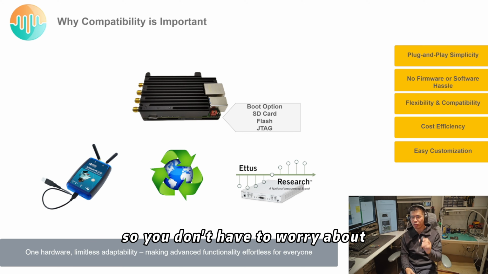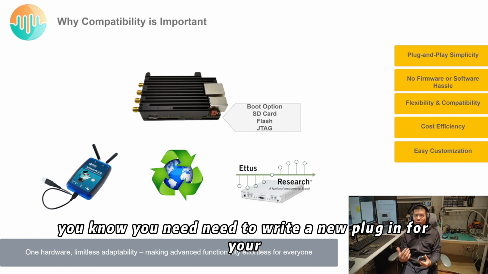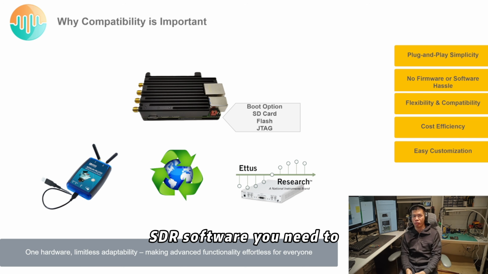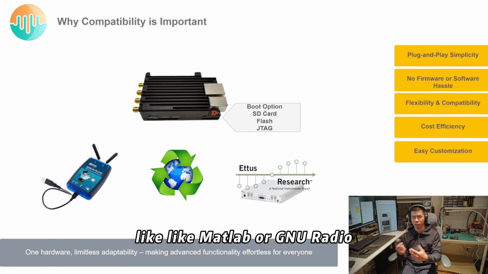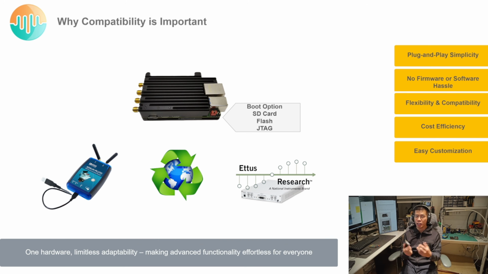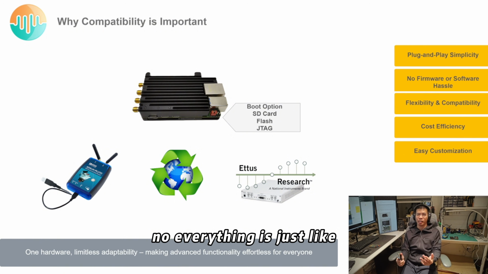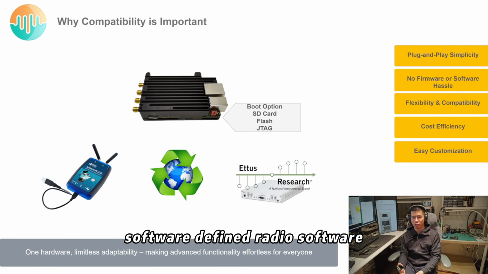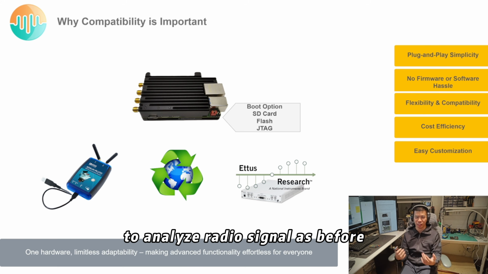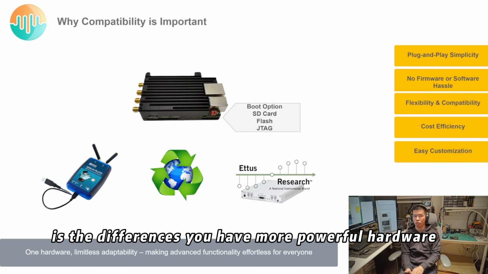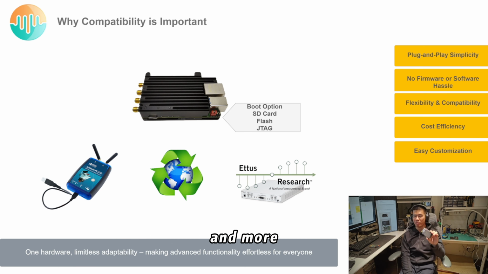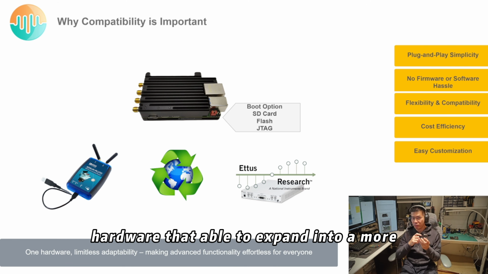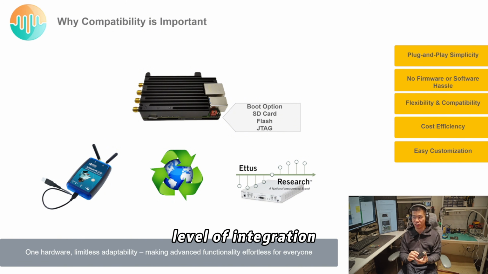So you don't have to worry that you need to write a new plugin for your SDR software, like MATLAB or GNU Radio. You need to write a new driver. No, everything is just like how you used to use your software-defined radio software to analyze radio signals as before. The difference is you have a more powerful hardware and more hardware that is able to expand into a higher level of integration.